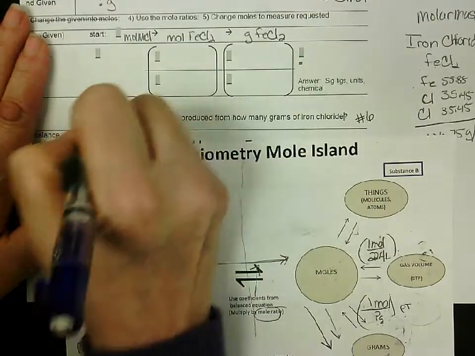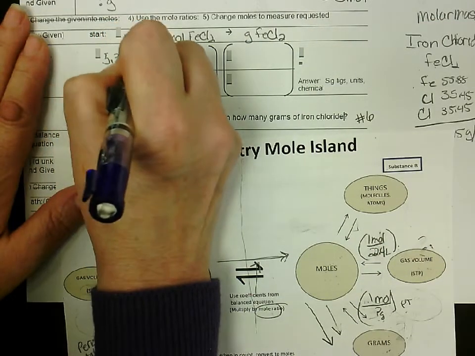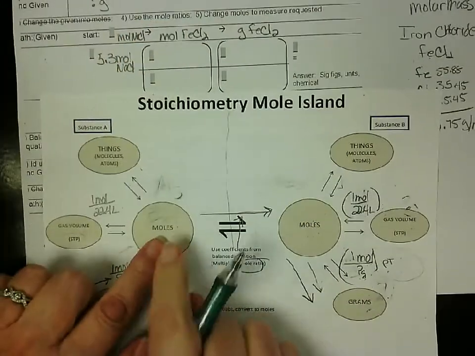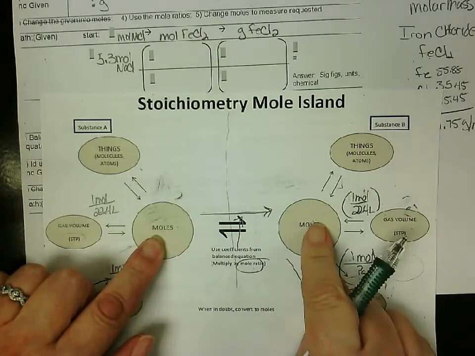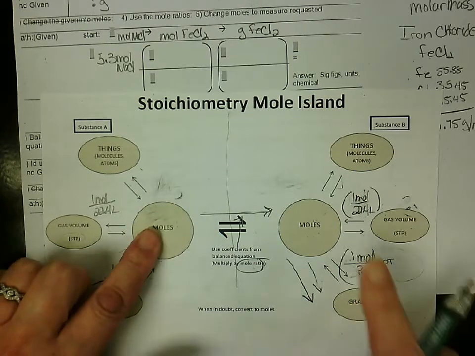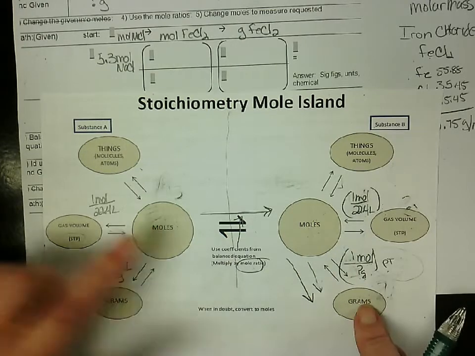Okay? So we write down our given first, which is 5.3 moles of NaCl. And I'm on this island. I want to go to moles of iron chloride, and then I'm going down to grams of iron chloride. So moles of A to moles of second substance B, and then to the units they want.